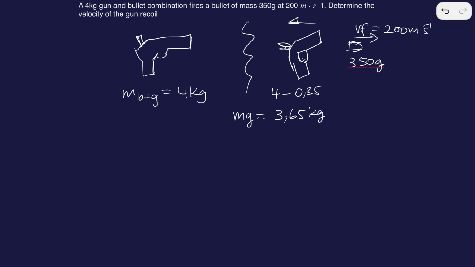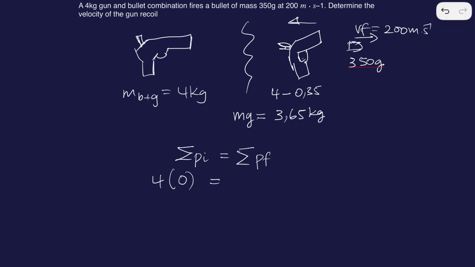So we can then use conservation of linear momentum to work out the recoil of the gun. We can say that the sum of the momentum before the collision is equal to the sum of the momentum after the collision. So before the collision, we have a mass of 4 kilograms and it's not moving, so the velocity is 0.